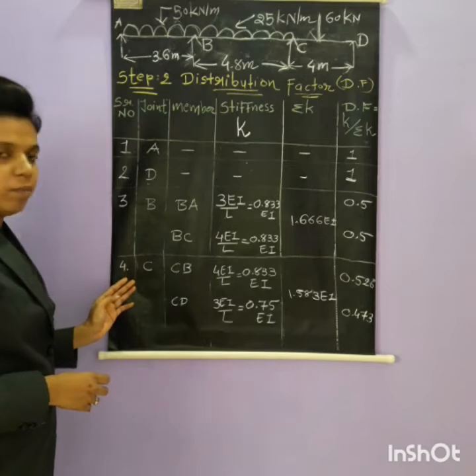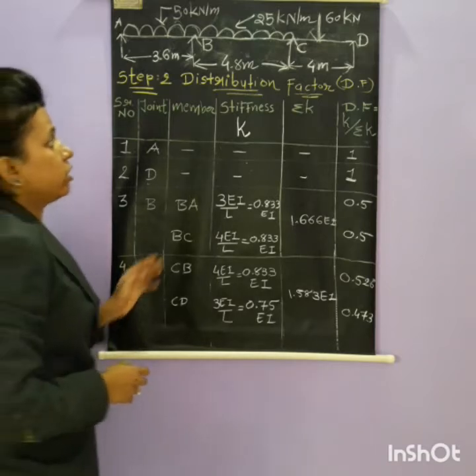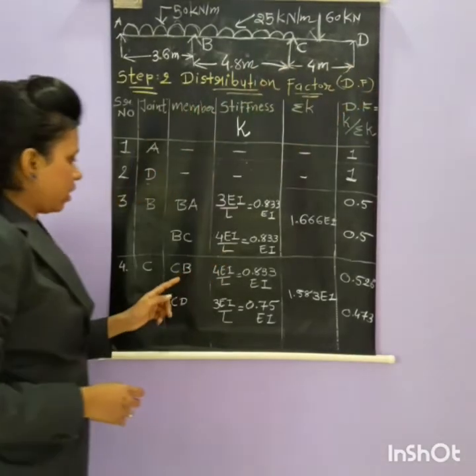Next joint is C. Joint C has two members, CB and CD.